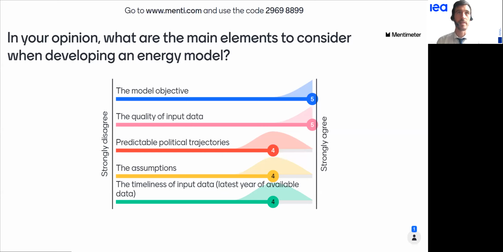So you will see that the 5 options we propose are all relevant and interesting. So there is no wrong answer. There is no good answer either, but it'd be interesting to see what you prioritize.